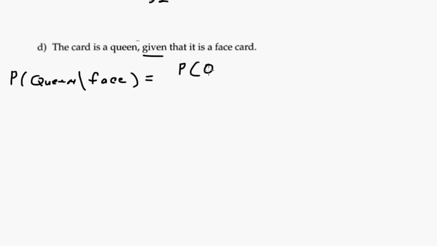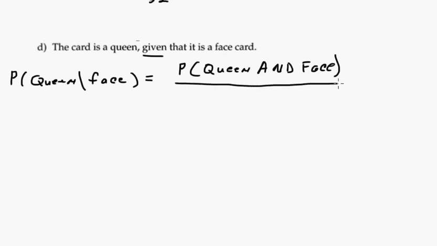The probability of a queen and a face card, divided by the probability of a face card. It's a queen and it's a face card.